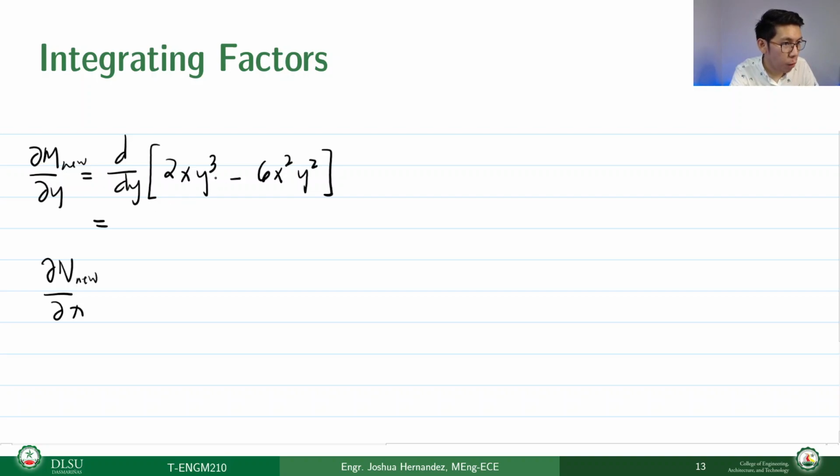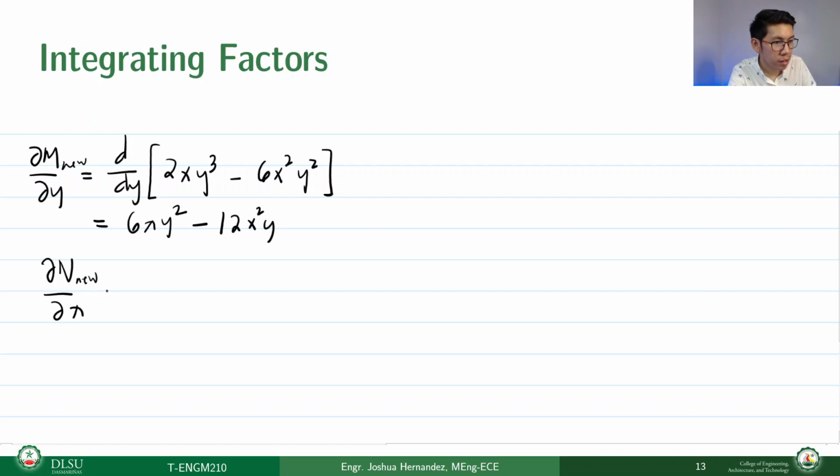Differentiating with respect to y will make x a constant. So we'll copy 2x, and the derivative of y cubed is 3y squared. So we'll have 6xy squared minus, again, differentiating with respect to y, we're going to have 12x squared y.